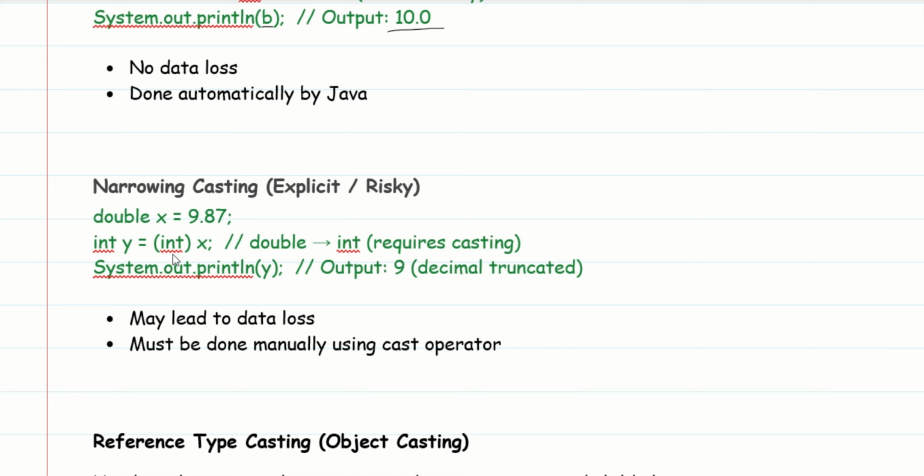This is how manual intervention is required. And in this case, you may lose data. You can see the initial value was 9.87, but after conversion, the value is 9, because the decimal values won't be displayed. In case of narrowing, it is done manually, and you may lose data.